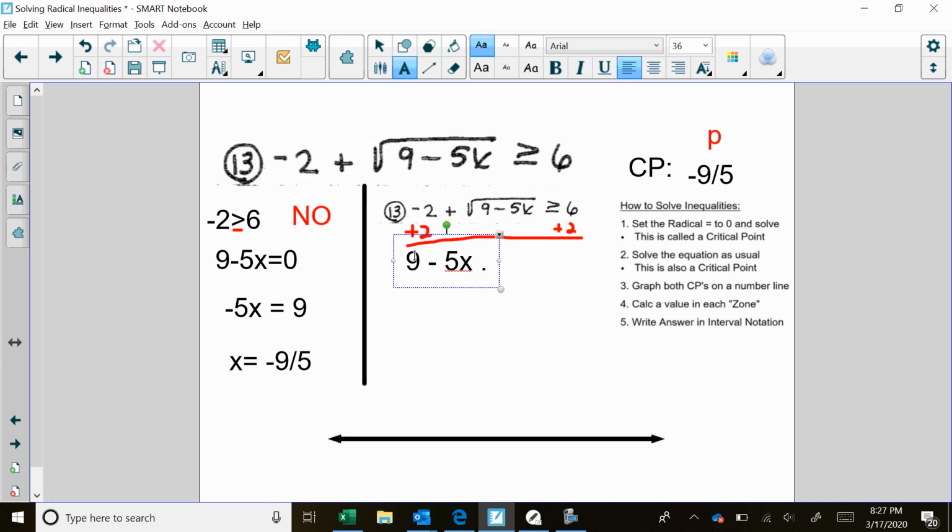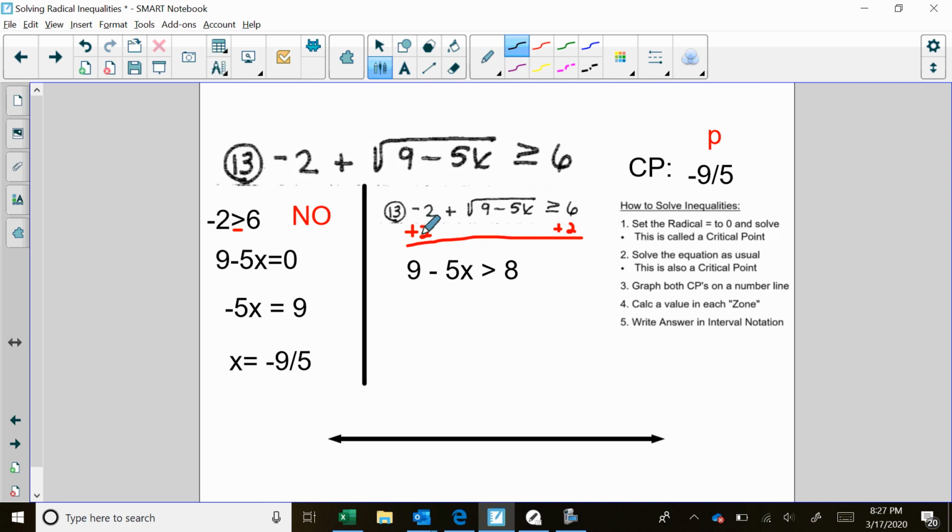It's going to be a greater than 8. Still have a radical. This is equal to. Continue solving.